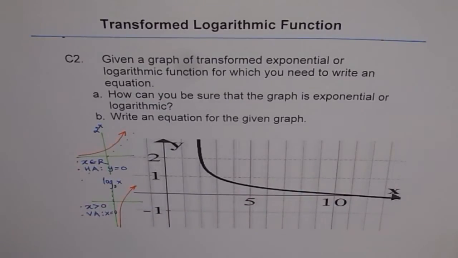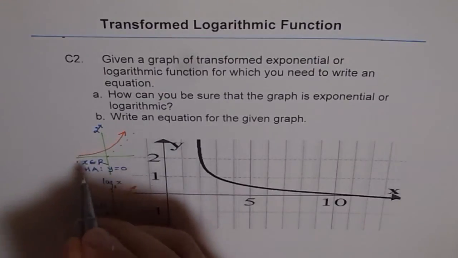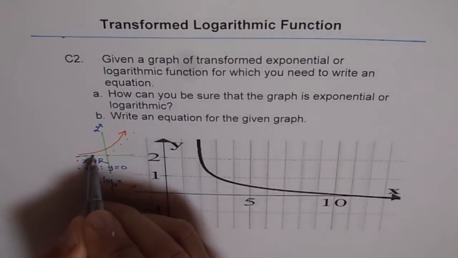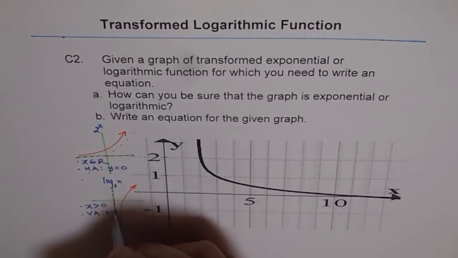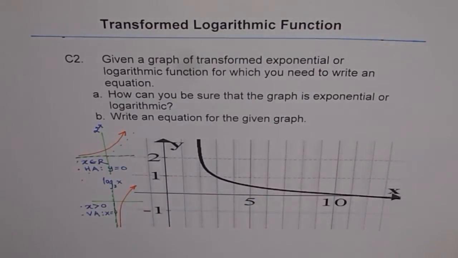Let me mark this for you. This is your horizontal asymptote for an exponential function and a vertical asymptote for a logarithmic function. So these two characteristics will guide you whether you're writing an equation for an exponential function or for a logarithmic function. That is the answer for part A of C2.